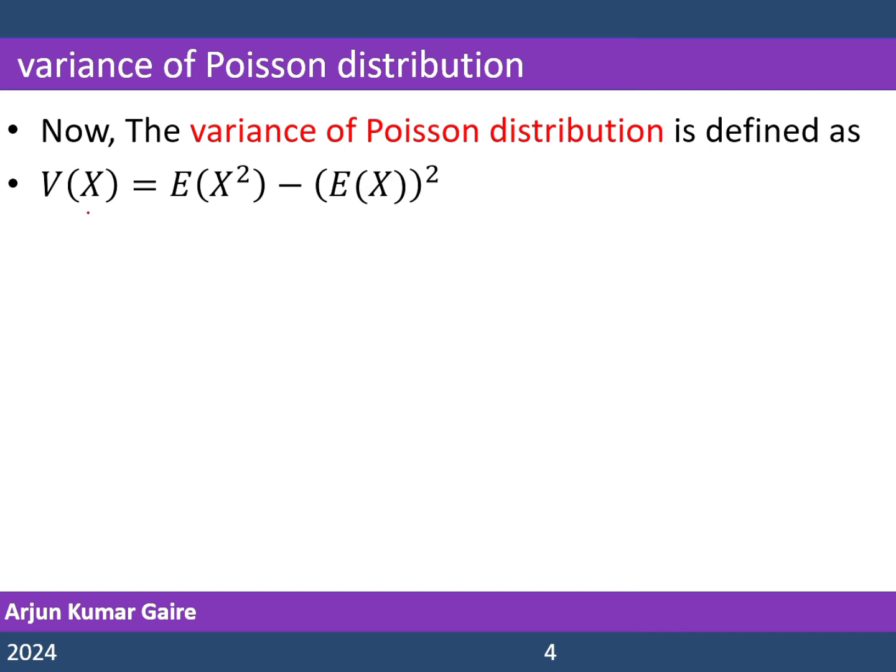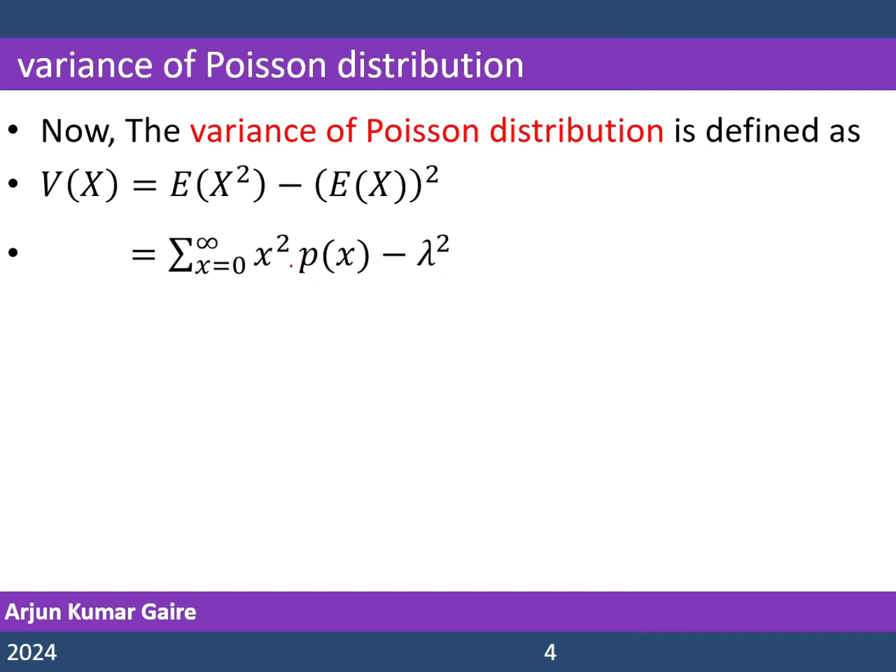This is the definition and expression of the variance of any distributed random variable. In case of the Poisson distribution, the expected value of the square of the random variable is the sum from 0 to infinity of x square times p of x, minus the expected value of x, which is lambda. We have already proved this, so it is lambda square.